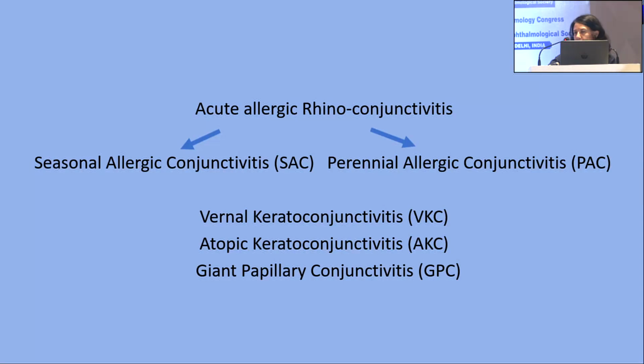How do we classify? Sometimes classification matters less in allergic conditions than finding out the etiology and management, but still we have to know what types of allergies occur. Seasonal allergic conjunctivitis is one, perennial allergic conjunctivitis is another, and the list continues: VKC, atopic, AKC, and GPC, the giant papillary conjunctivitis.